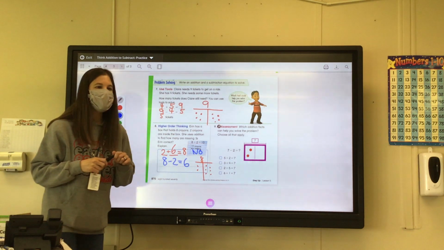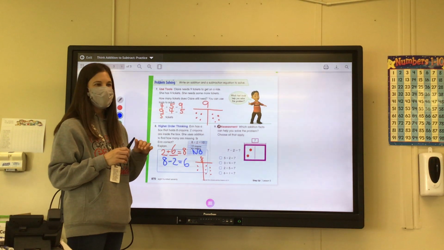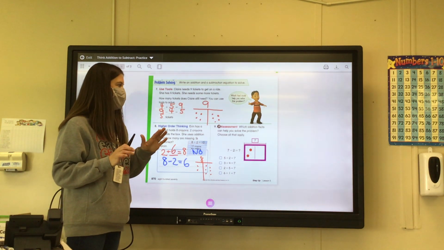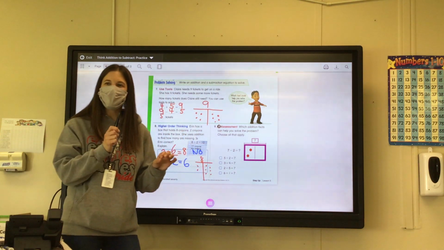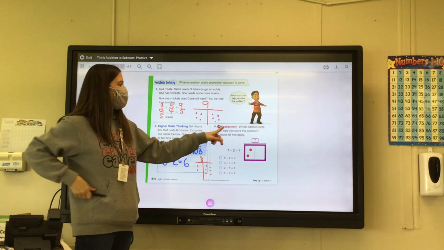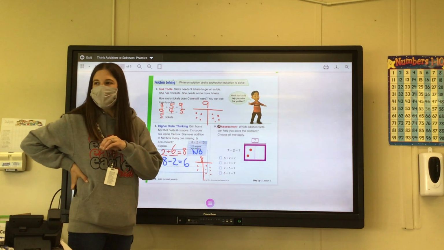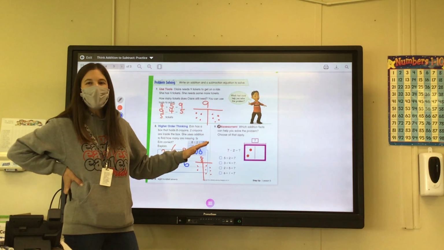All right, now number 9. Almost done. It's a long one today, but we're almost there. Which addition facts can help you solve the problem? You hear facts, so that means more than one. There's that S on the end. Choose all that apply.